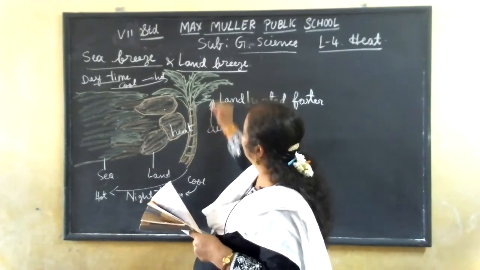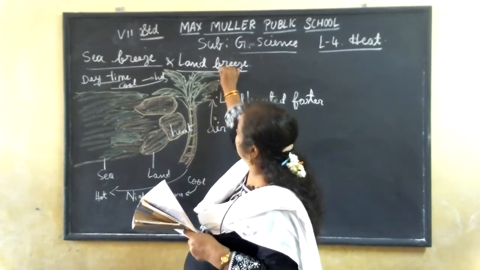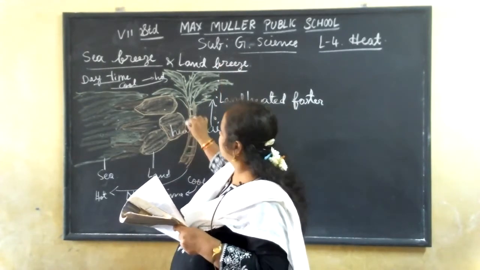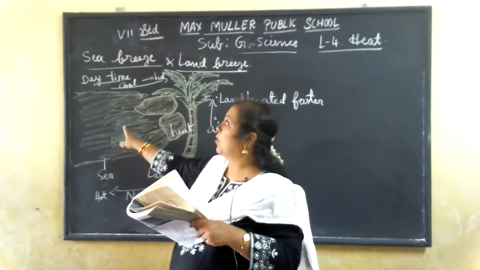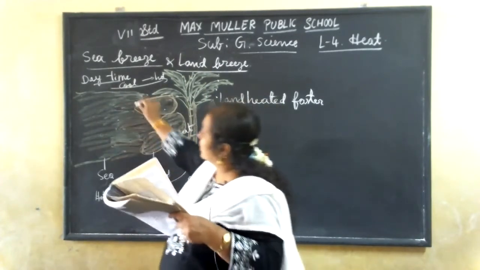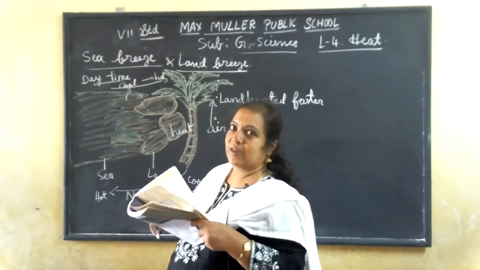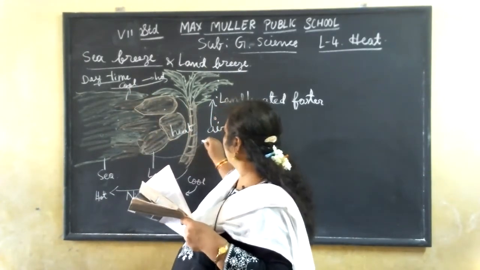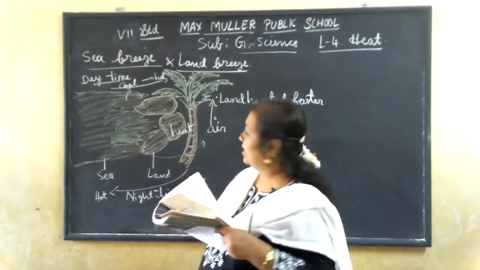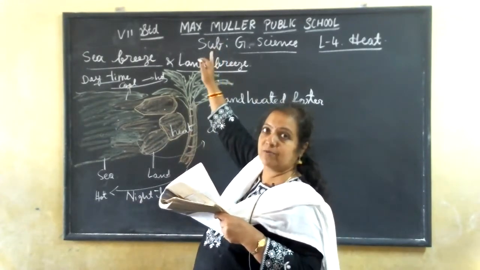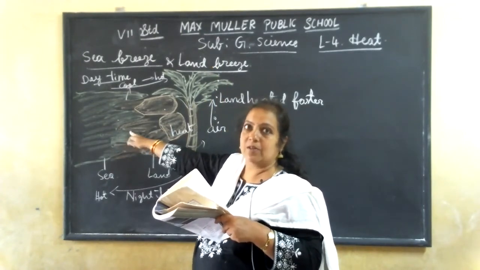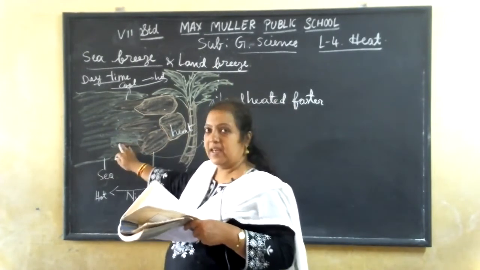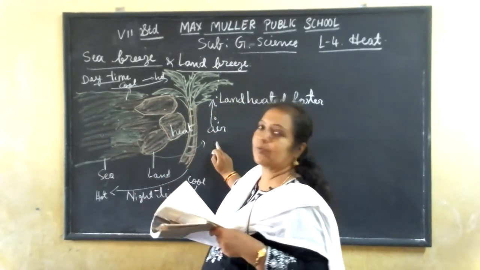See, as they are moving upwards, these air molecules are all moving upwards, no? Above the sea, the cooler molecules are there. They will come to occupy this area. When these air molecules are moving upwards, the cooler air molecules which are present on the sea start to move and occupy this area.